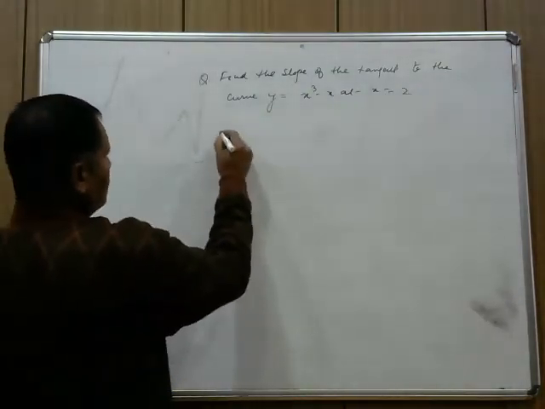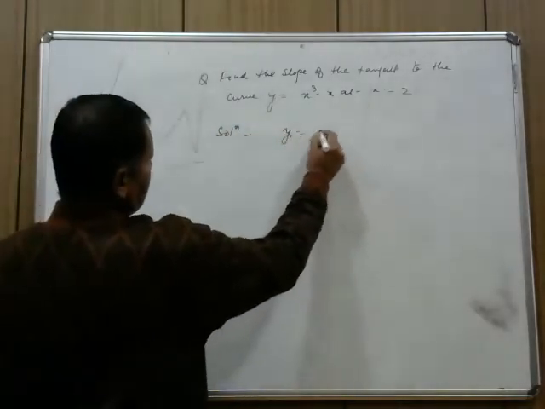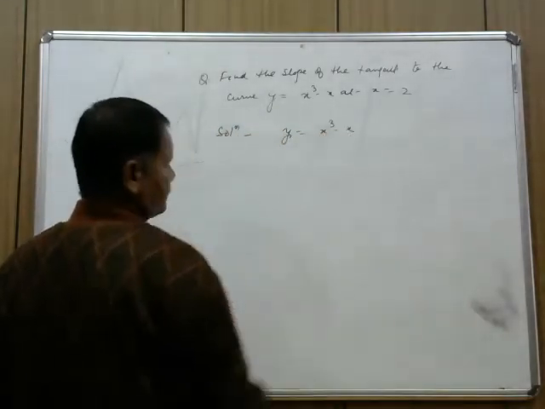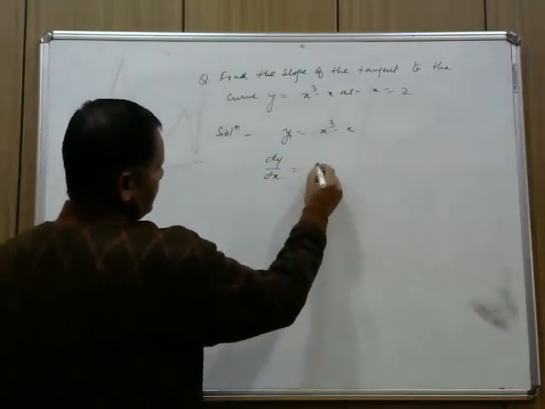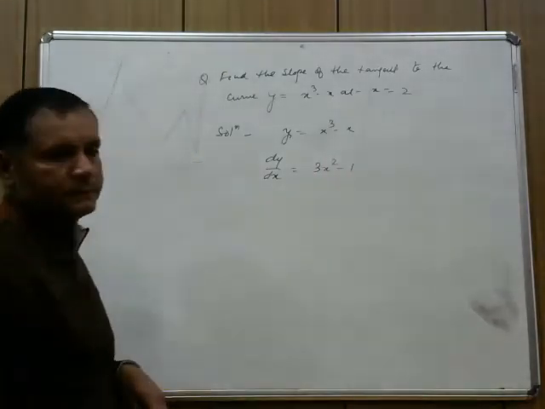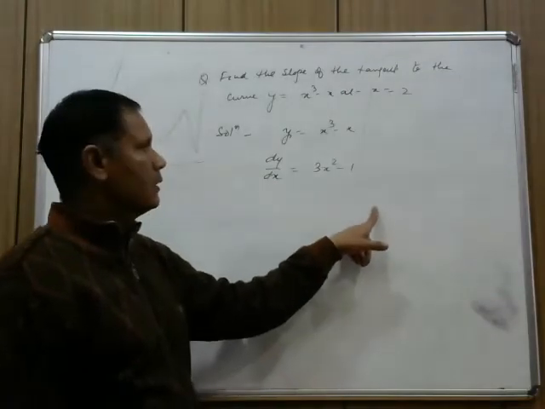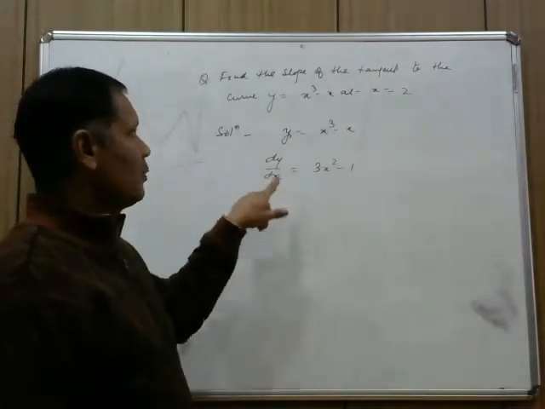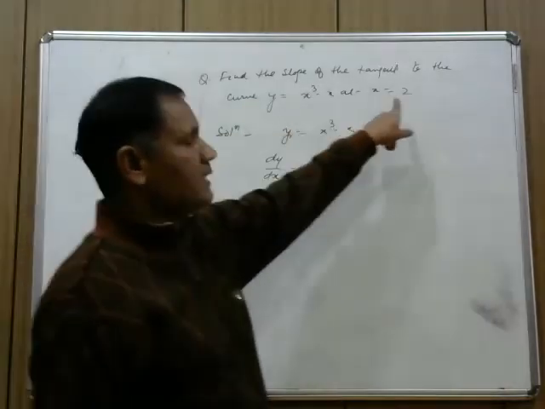So now we have y is equal to x cube minus x, dy by dx is equal to 3x square minus 1. Now this is dy by dx, that means the slope of the tangent, but we are asked to find the slope of the tangent at x is equal to 2.